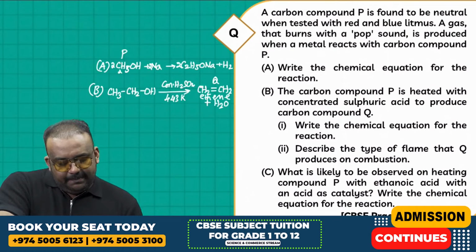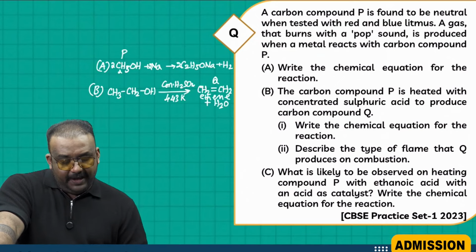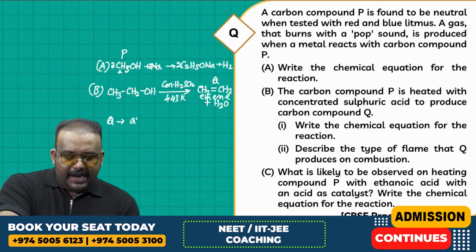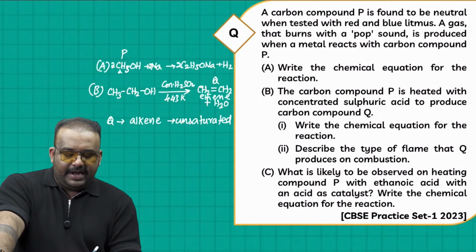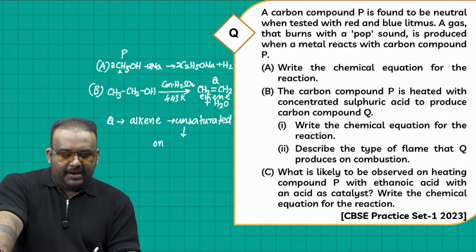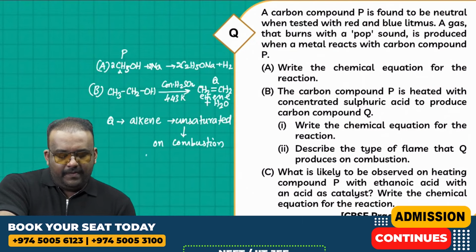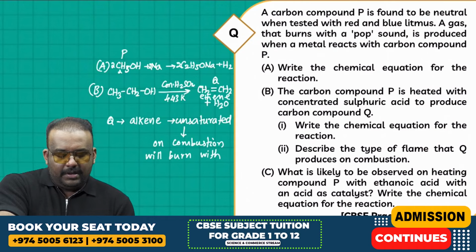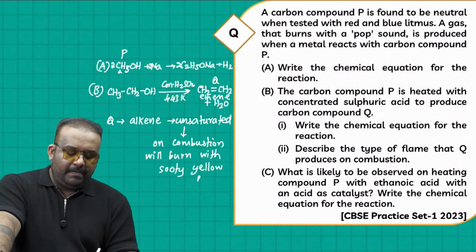Now, that is the B part. So, write the chemical equation for the reaction and describe the type of flame that Q on combustion produces. See, Q is an alkene, correct? Alkene is unsaturated. So, we studied that unsaturated hydrocarbons on combustion will burn with a sooty yellow flame, right?